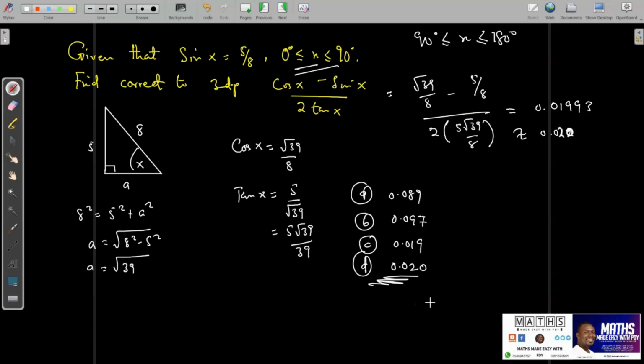Okay, my last question, because our time is up. My last question says, convert 225 degrees to radians. Convert 225 degrees to radians.